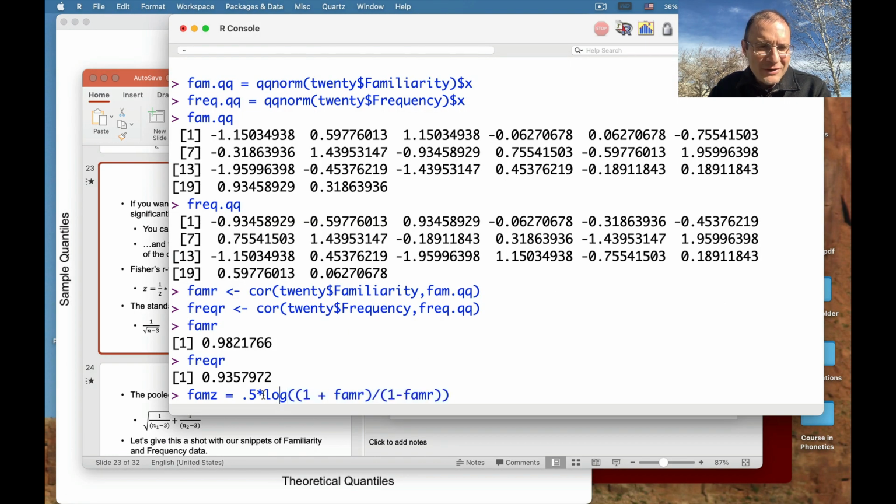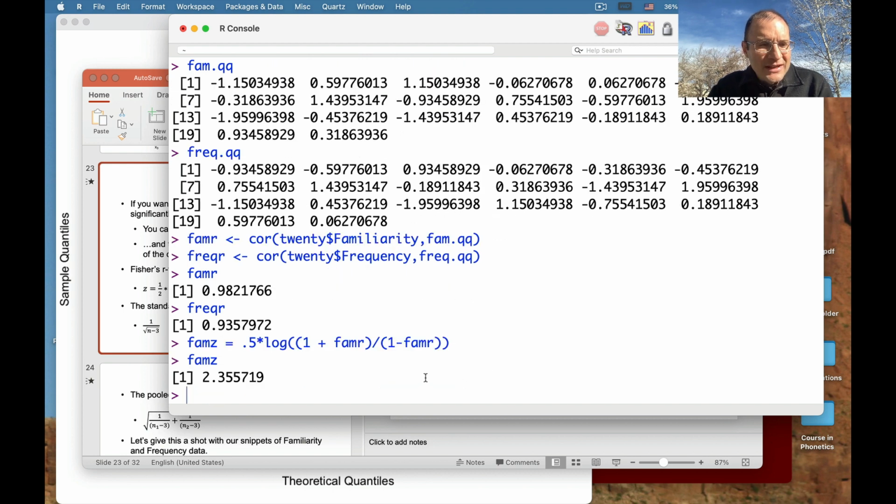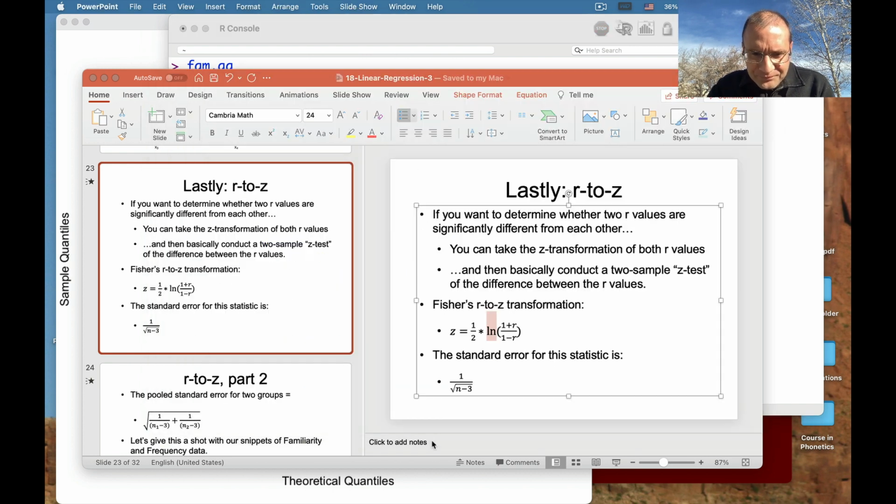When you use that function in R, you just say log, which, if you learn math like I did, the default was base 10, but it's base e here, so don't worry about it. Either way, this is just the equation you use, 1 plus R on the top, and 1 minus R on the bottom. If we just plop that all into this variable famz, we get a z-score of 2.35.